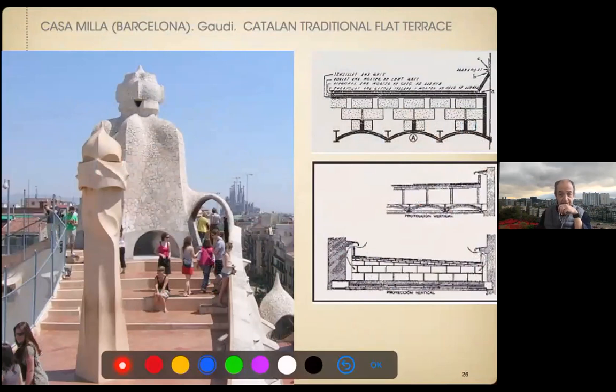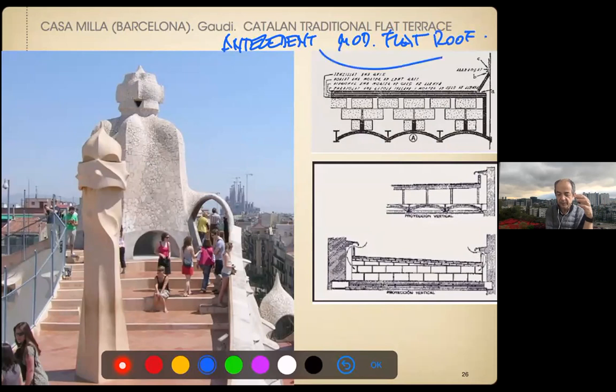One interesting antecedent of a modern flat roof. What we saw was traditional or ancestral. This is modern, and this precedent or antecedent is a Catalan roof, right? Which is the example of Gaudi.